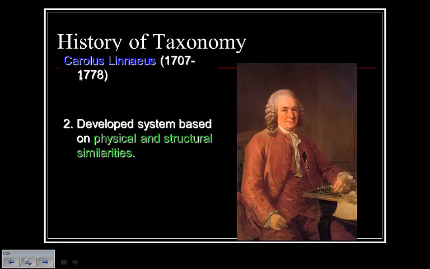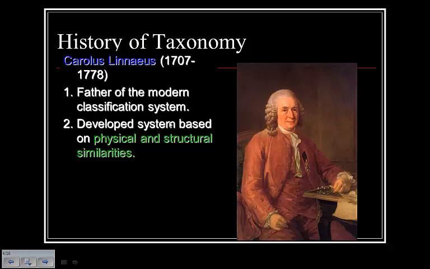I mean, think about that. Someone named their son Carolus. All right, maybe it was a popular name. Maybe it was like Michael back then. Carolus is the father of the modern classification system.